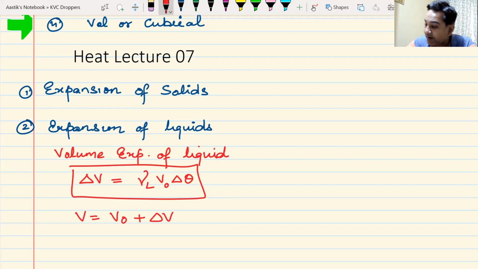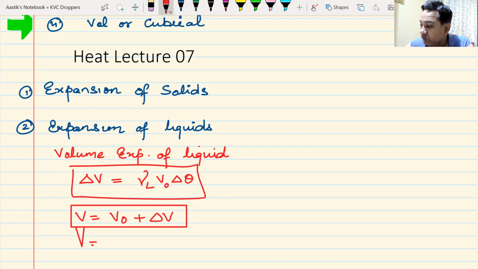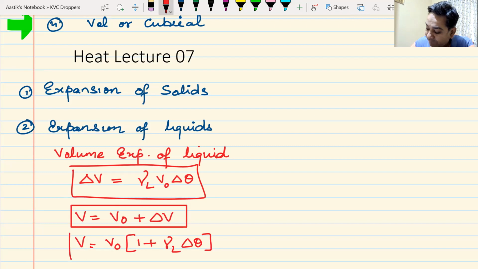So I can simply write it as: this V will be equal to V naught into (1 plus gamma L delta theta). We all understand this? Yes, sir.